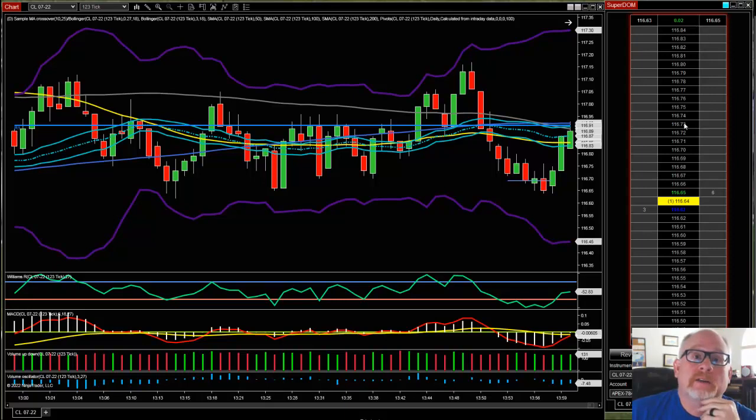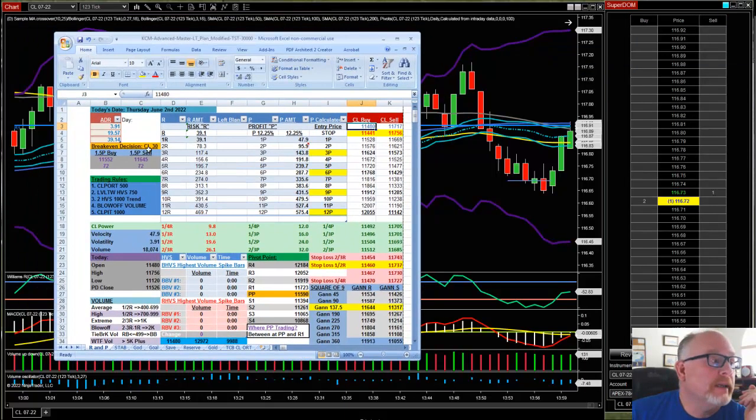Now 1.5 ADR is only 72, when you think about where that was just a couple weeks ago. It was up over 150, 160. So the average range of movement, if you get a move, is basically what you're looking at right there.